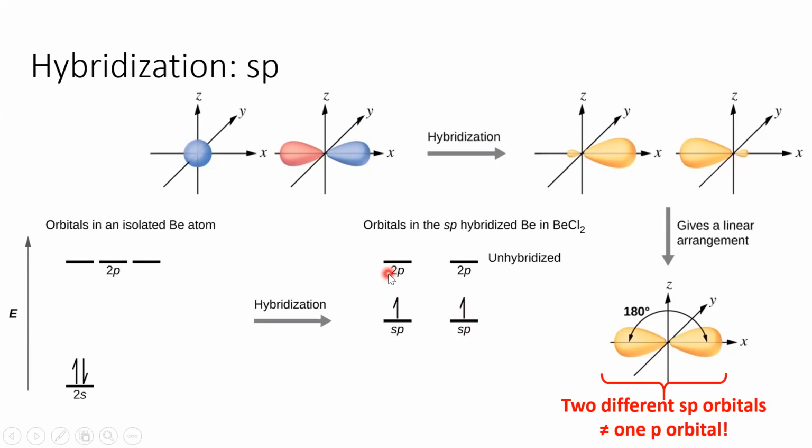That would leave 2 p orbitals unhybridized. So, why would it do that? Because then these 2 hybridized orbitals are equal, and that's what leads to this linear arrangement we would see with molecules that contain beryllium as their central atom.